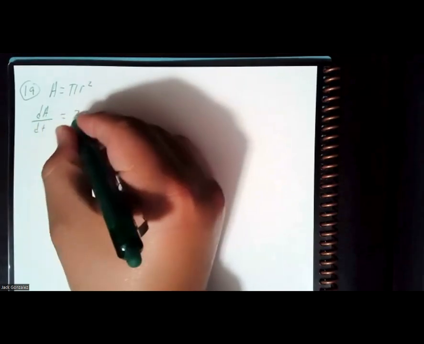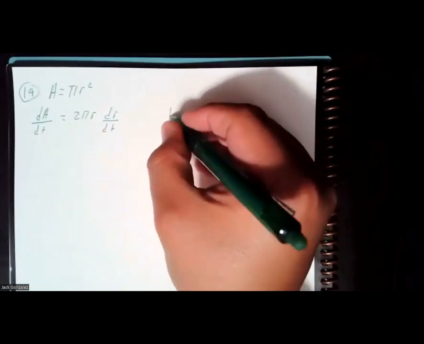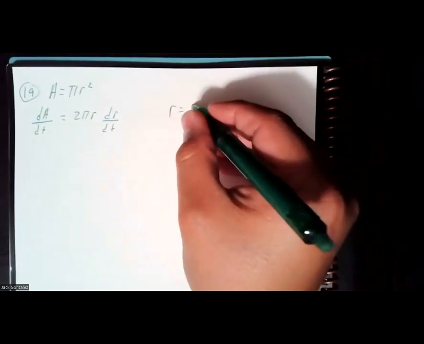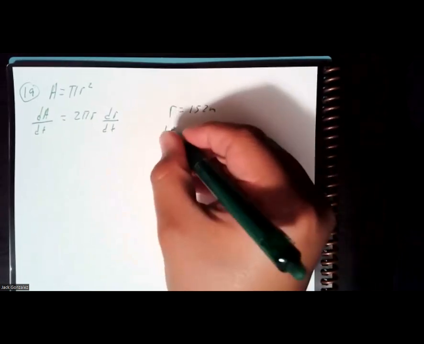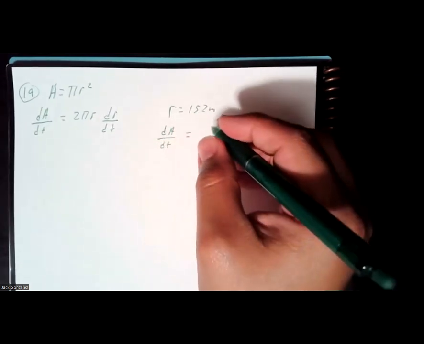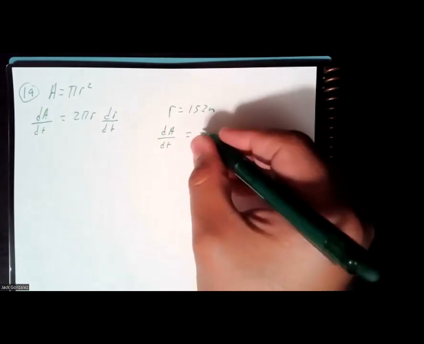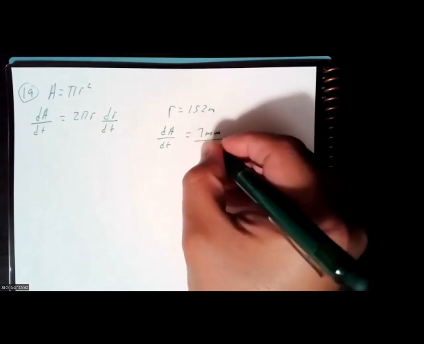So the derivative of A with respect to time would equal 2 pi r dr dt, right? They give us r to be 152. They give us dA dt, the circular area increasing 17 millimeters squared per second.